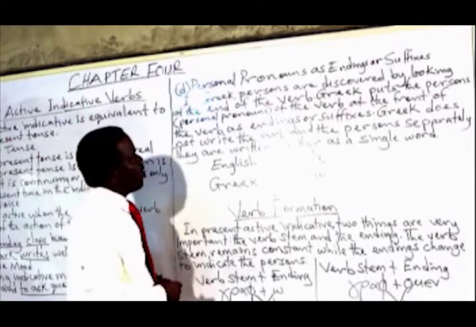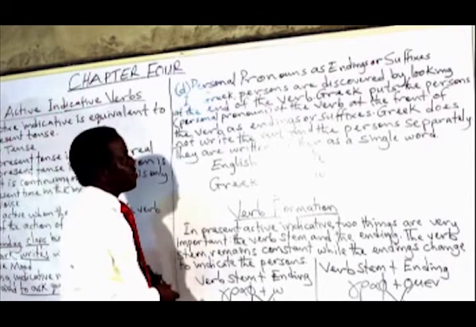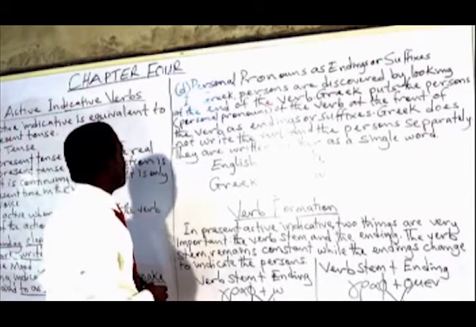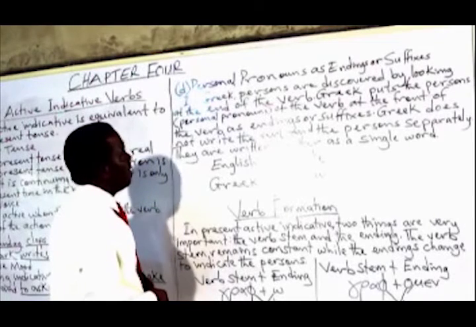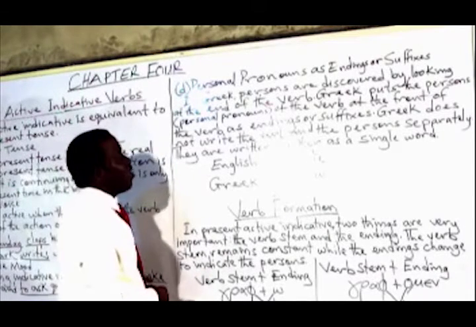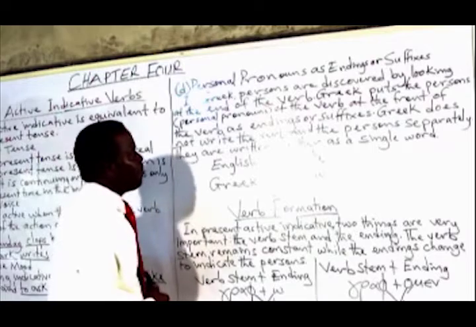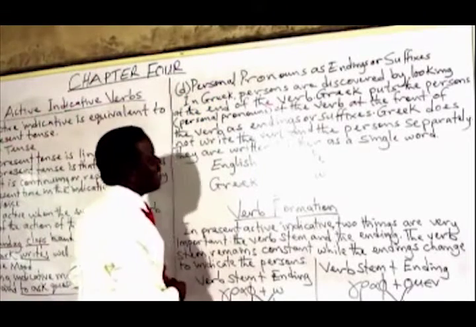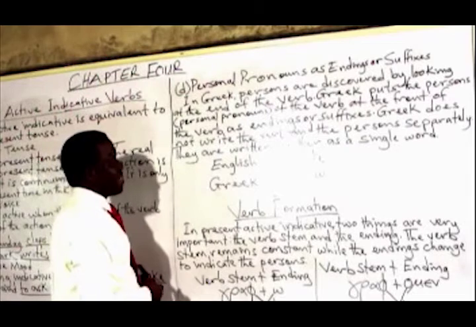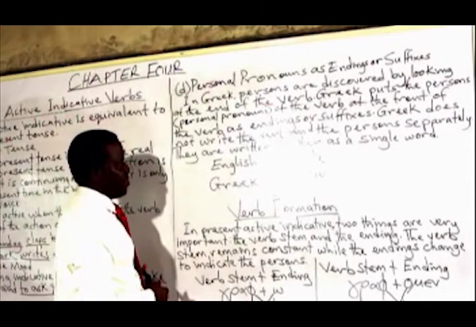Fourth one, personal pronouns as endings or suffixes. In Greek, persons are discovered by looking at the end of the verb. Greek puts the persons, that is personal pronouns, of the verb as endings or suffixes.